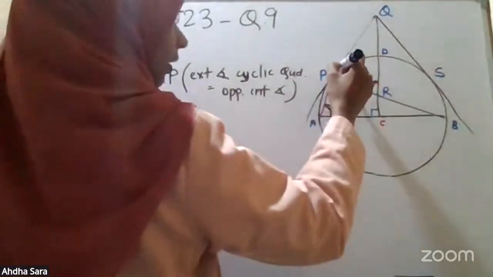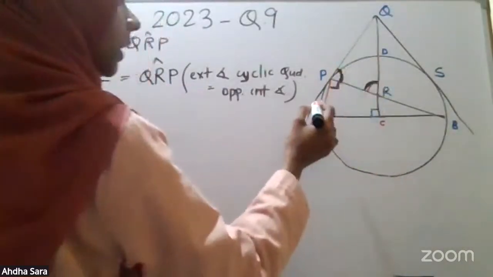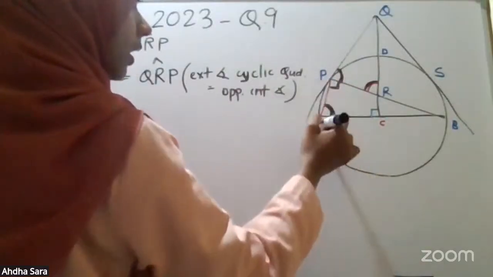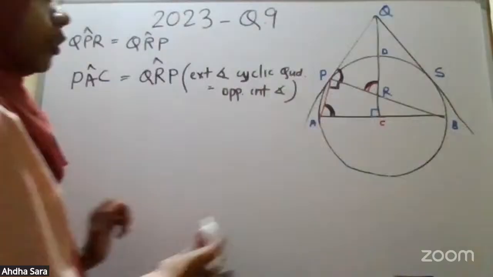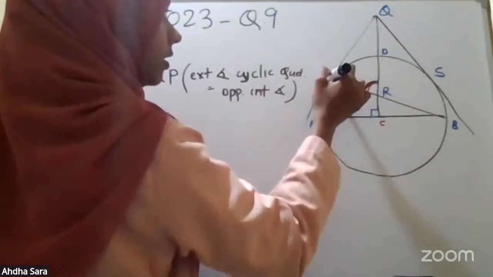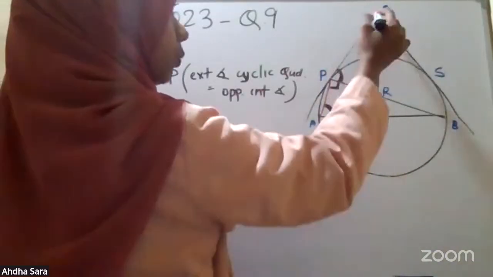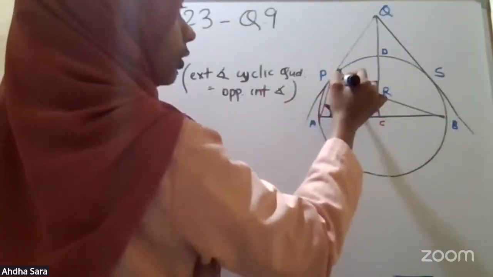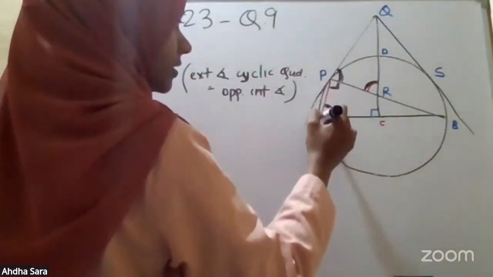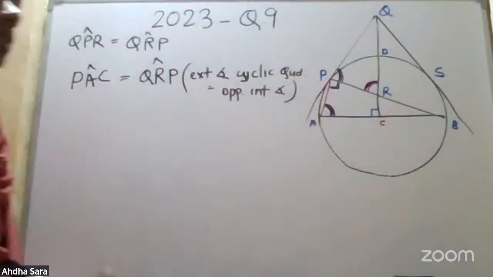Then we can say the angle QPR will be equal to the angle PAC. You know, the angle formed between the tangent and the chord will be equal to the angle that is formed by the same chord in the alternate segment.